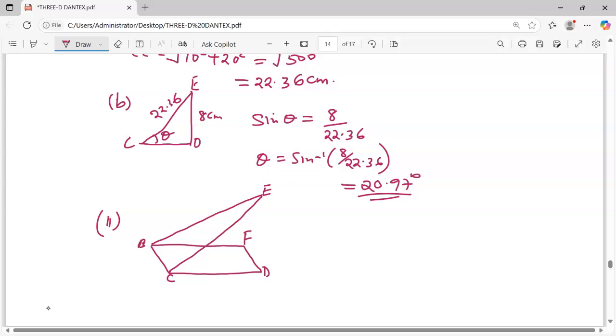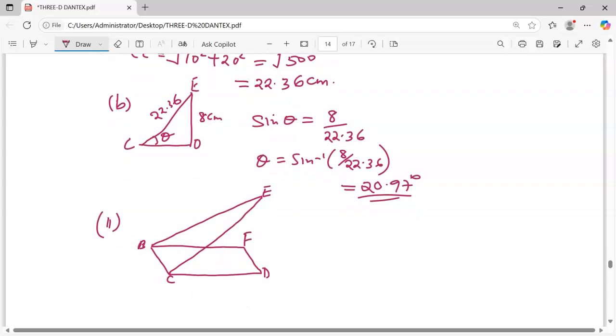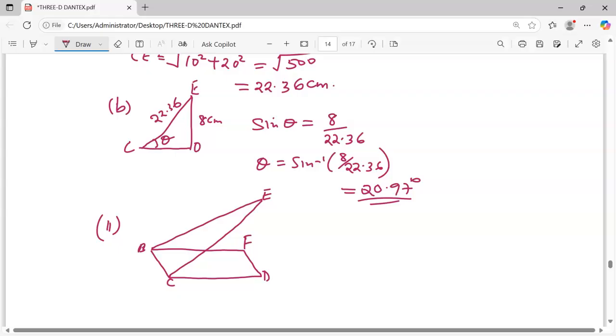So we look at the common intersection, and for us to get the common intersection, we are going to draw a line from E all the way to the common line of intersection of the two, which is BC. Then draw another line from BC towards the center of CF. The angle we need is going to be the angle theta here.